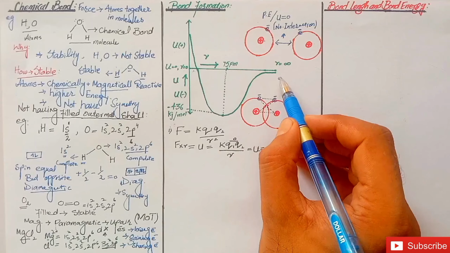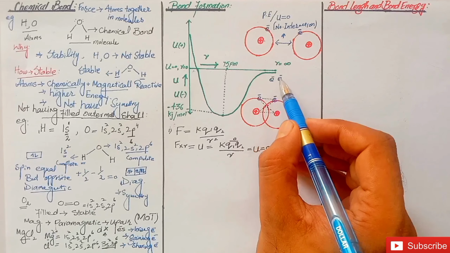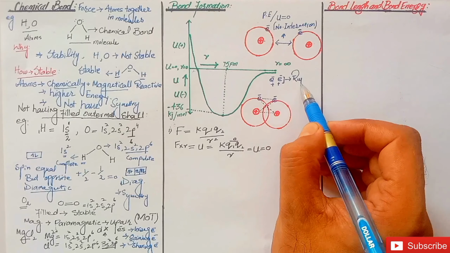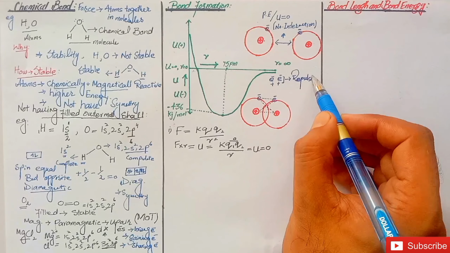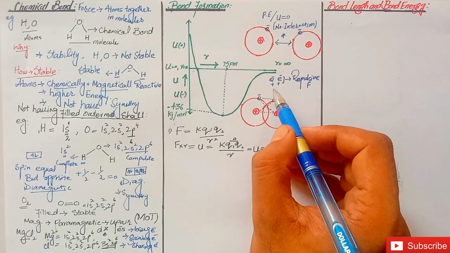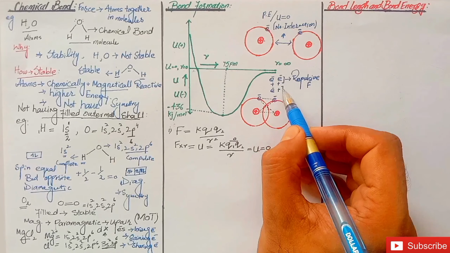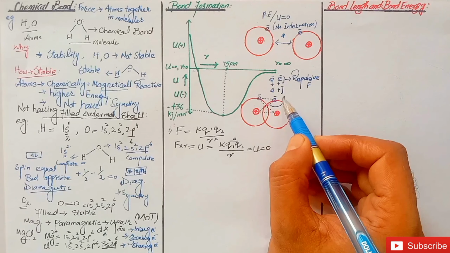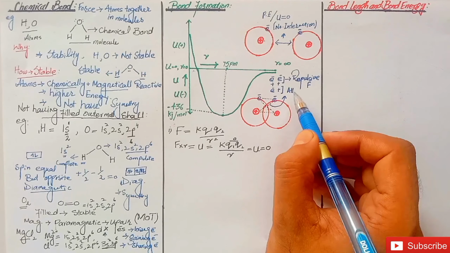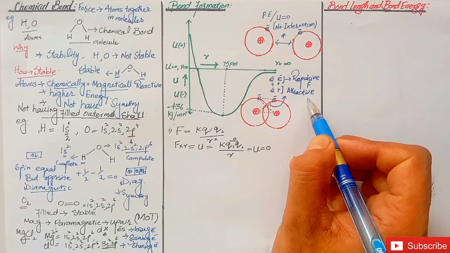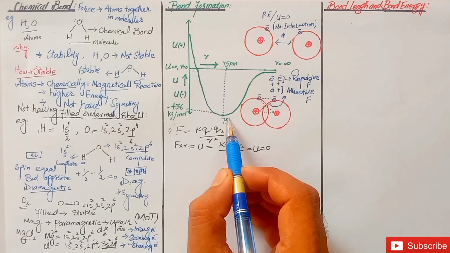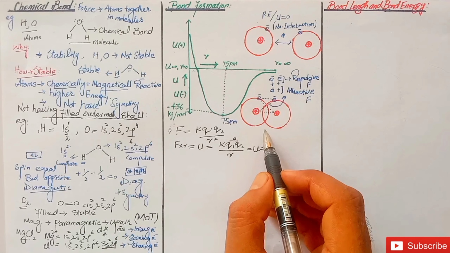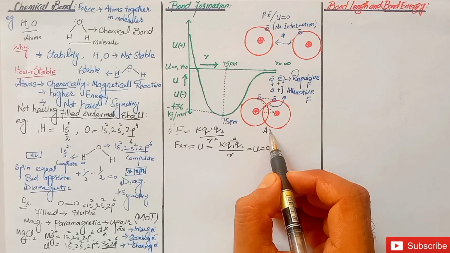When these particles come close together, both repulsive and attractive forces operate. Repulsive forces operate due to similar charges, for example between electrons or between protons. And attractive forces are due to opposite charges, like between electrons and protons. As we bring these particles close together, there is a point at a distance of 75 picometers where attractive forces dominate over repulsive forces.